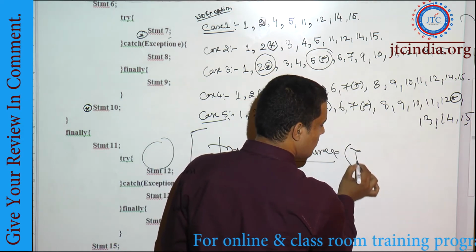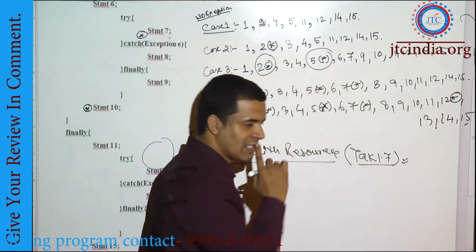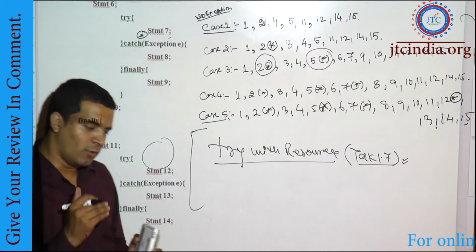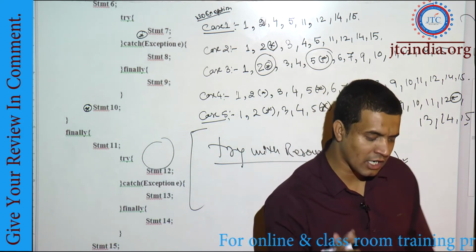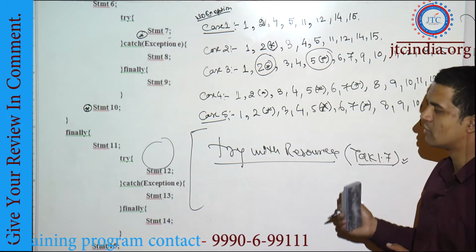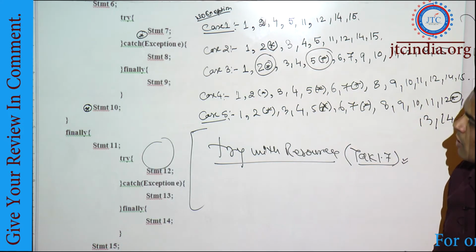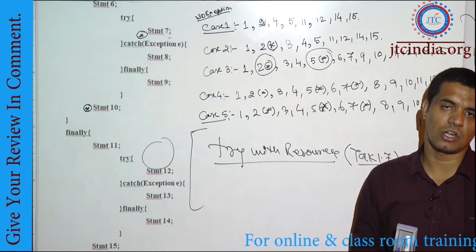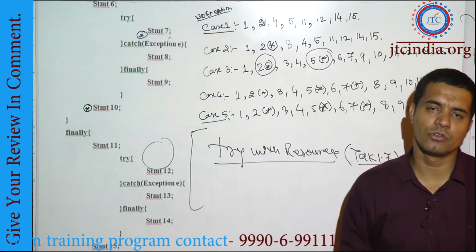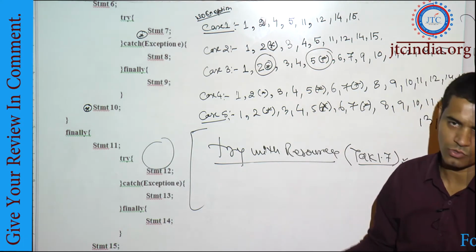It was introduced from JDK 1.7, because sometimes when you are opening resources, the order of opening the resources and the order of closing must be the same. If you open any resource in some order, you must close the resources in the same order. To solve that problem, since you cannot remember all the resources' order, try with resources was introduced. Clear? I will discuss try with resource again.